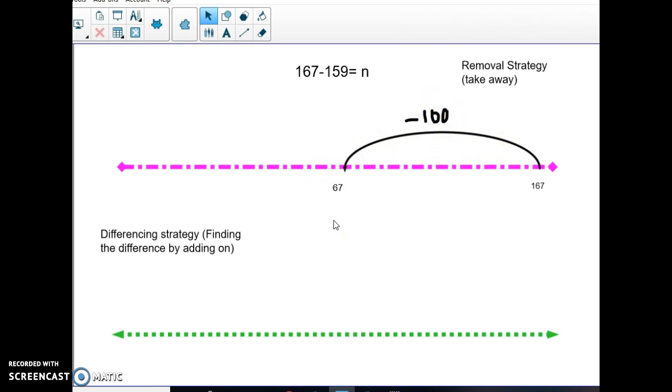Got it. So now my next step is that I'm going to try to remove part of that 59, but I'm going to decompose it. I'm going to break it into easier or friendlier numbers. So I'm going to remove 7. I'm going to take my little jump again. It's going to be a smaller jump, and I'm going to write 7.